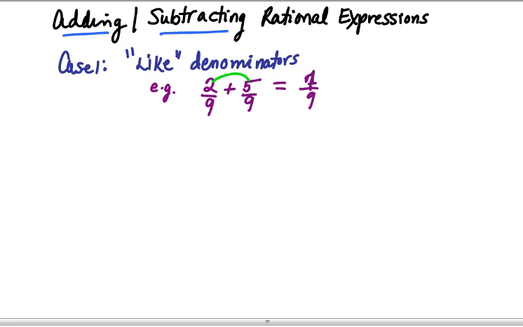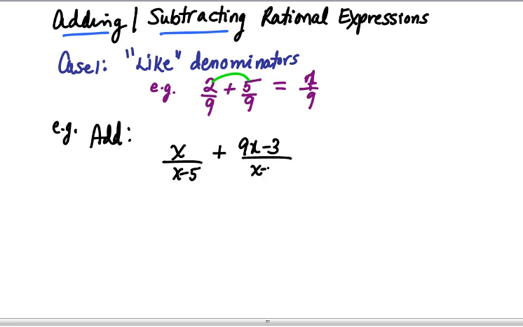We're now going to do this with algebraic fractions. So for example, I might say, let's add x over x minus 5, and we're adding to that 9x minus 3 over x minus 5. Because these are the same denominators, I'm going to work this problem horizontally.